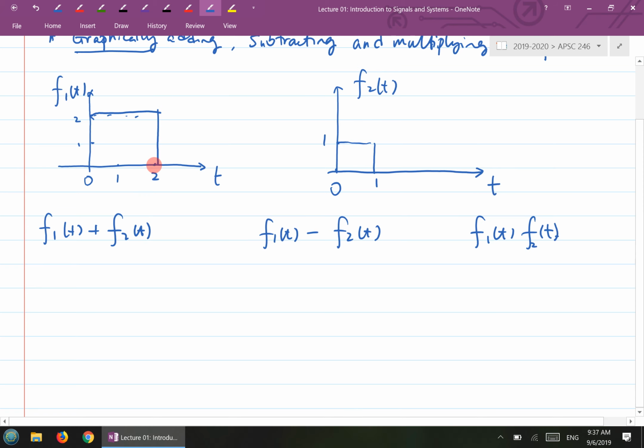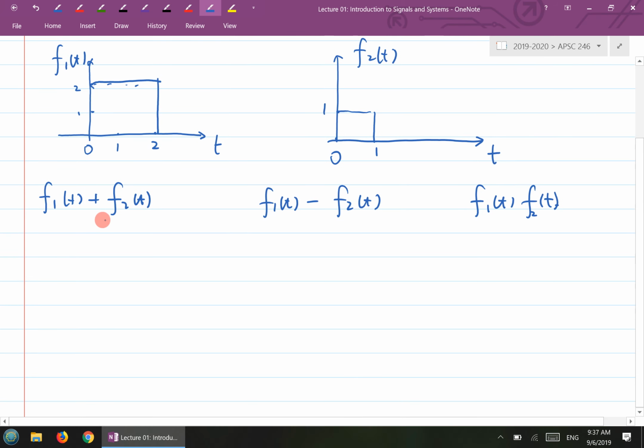Okay. So now, if I want to do the addition, I will redraw this coordinate system. I label it 1, 2. To make it a little easier, I'm going to sketch both curves, f1 of t and f2 of t, in the same graph here.